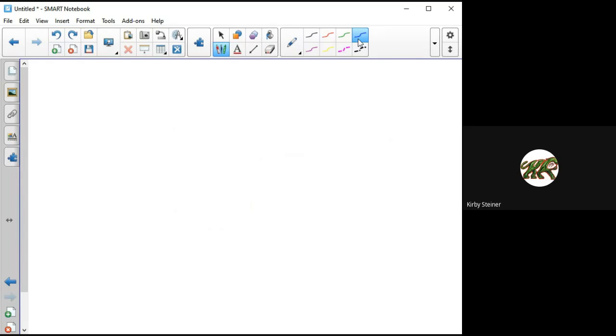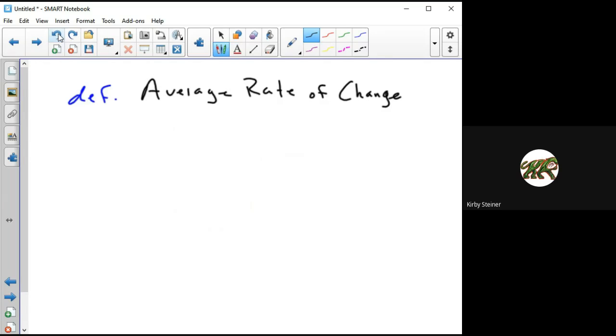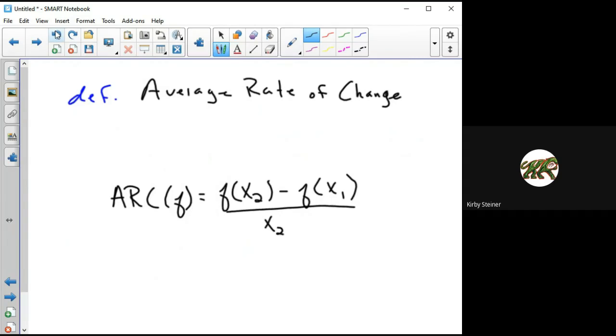We can say definition. So now we can have our algebraic definition and say that the average rate of change of a function f is going to be given by f of x2 minus f of x1 over x2 minus x1.